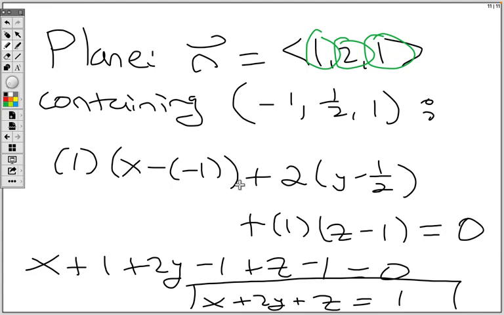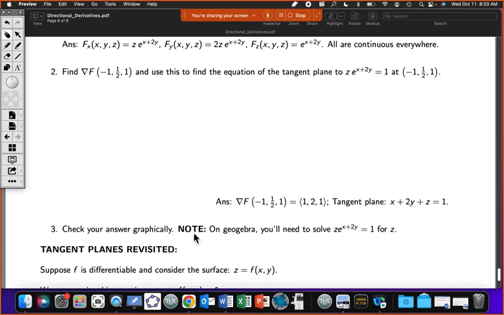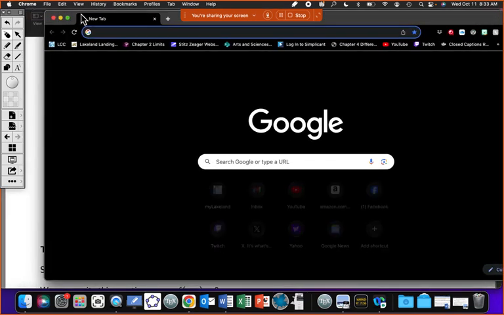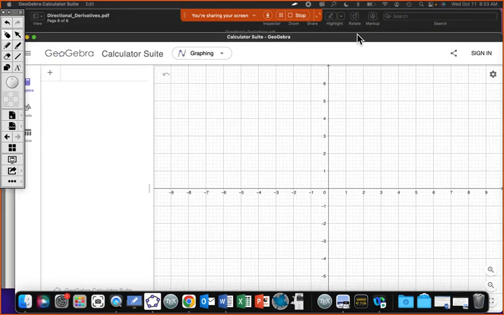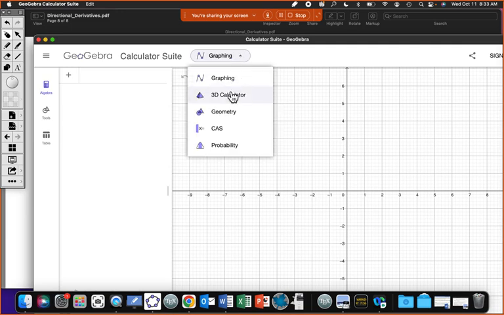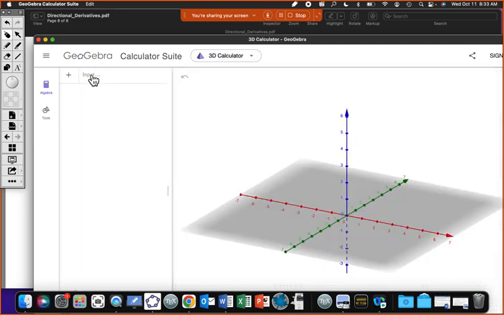All right, so let's check this out. GeoGebra is good for this because it can plot the vectors. I haven't quite figured out how to plot the vectors yet in the three-dimensional Desmos. So here's GeoGebra. We're going to go down to 3D Calculator. Now we'll see if GeoGebra handles this implicit function.